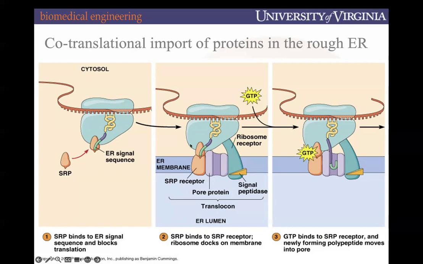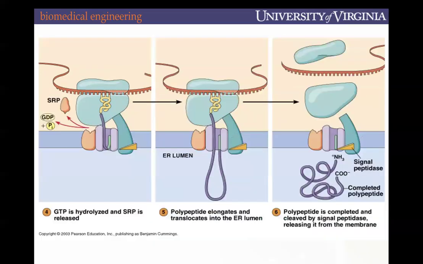When that happens, the peptide is passed from SRP into a pore on the surface of the ER. Once that GTP is hydrolyzed, SRP leaves, and we hit play on translation, and the polypeptide can grow into the lumen of the ER.